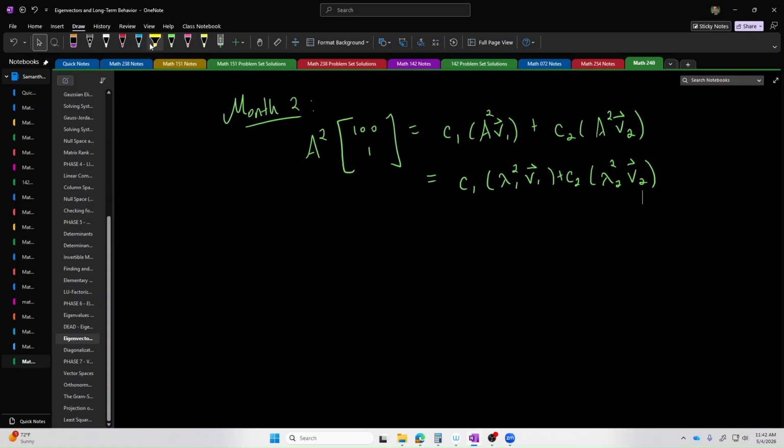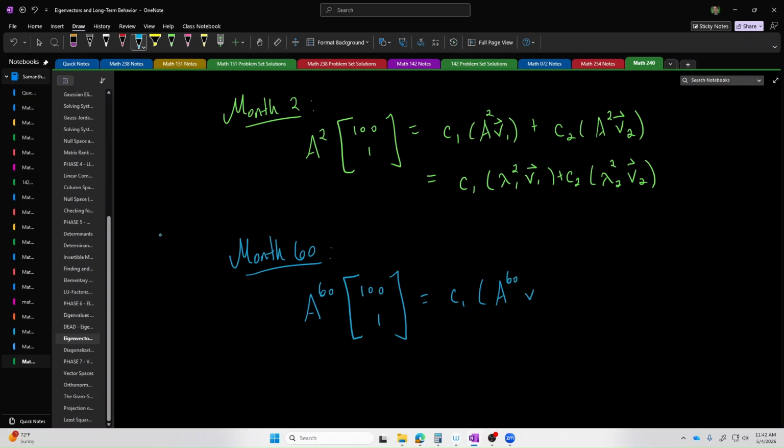If I wanted to see what happens to these vectors in month 60, corresponding to 5 years from now, that would be 60 copies of A times the initial state. That would correspond to 60 copies of A being multiplied by the eigenvectors.